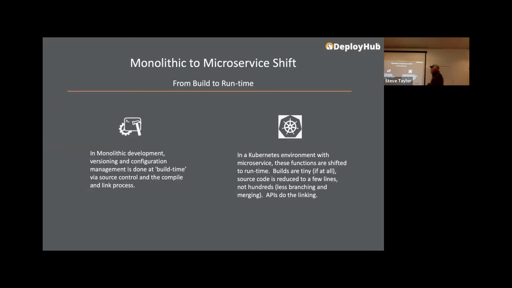So when we're going from our monolithic world, we have all the tools. We have the build tools, NPM, Maven, Gradle, OpenMakeMeister. You have tools like Artifactory, Nexus. Those come into play, all to figure out how to put something together, and that all happens at compile time.